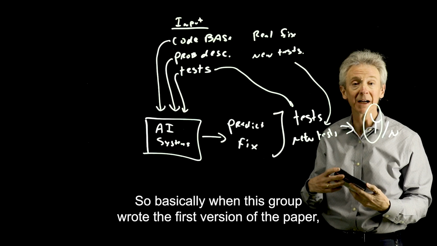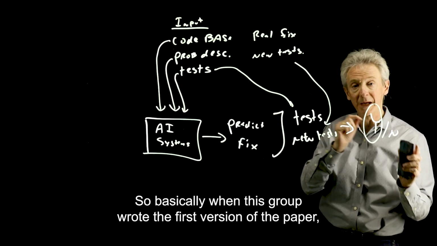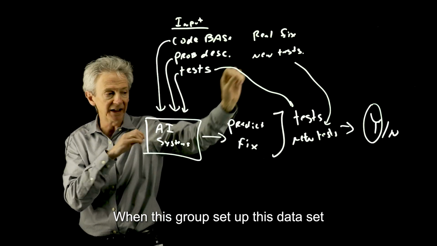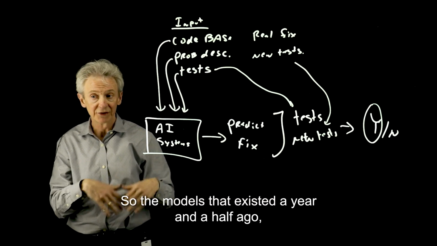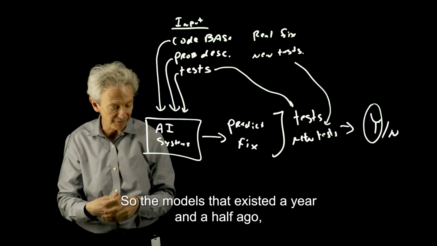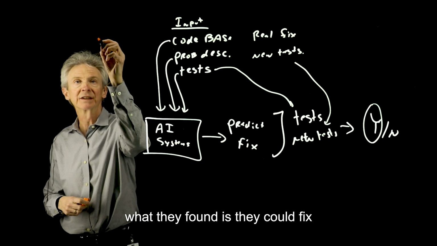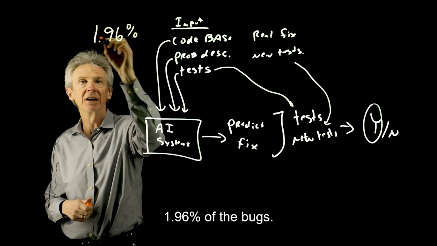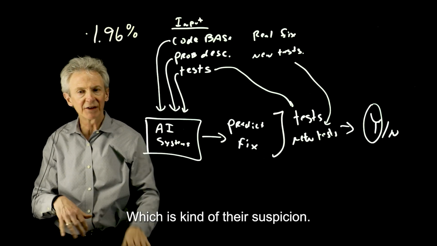Okay? So basically, when this group wrote the first version of the paper, I'll go back here now. When this group set up this data set and set up the initial models, this was 1.5 years ago. So the models that existed 1.5 years ago, what they found is they could fix 1.96% of the bugs. Okay? Which is kind of their suspicion.